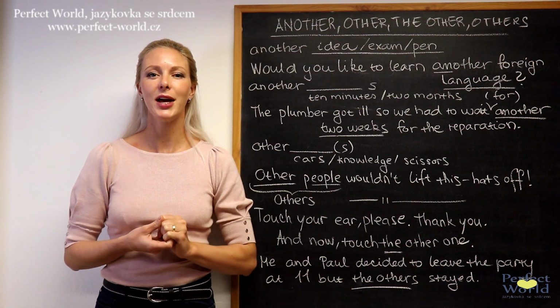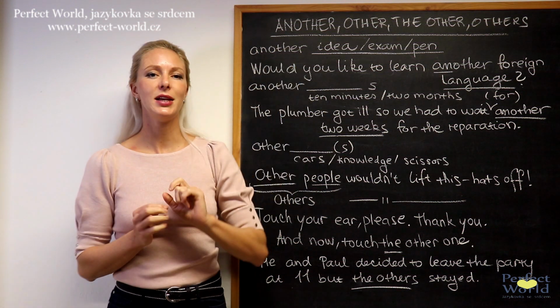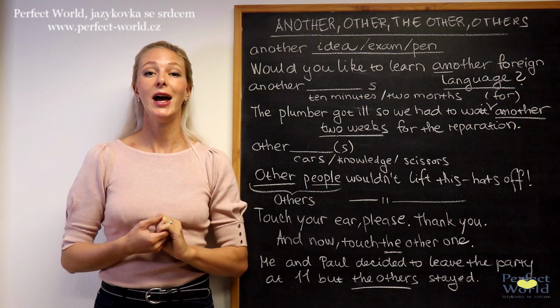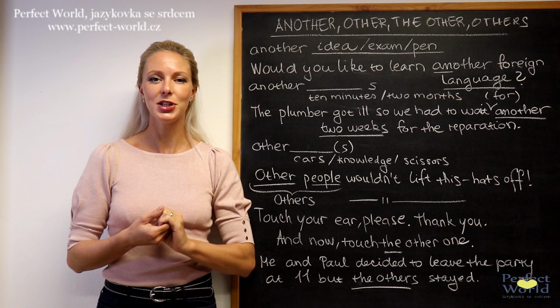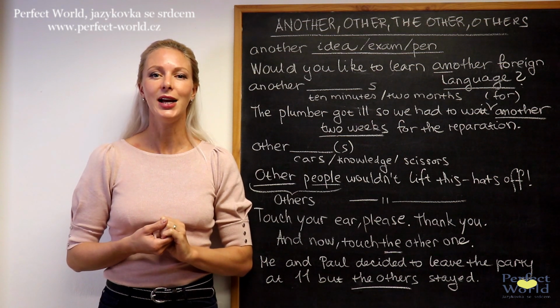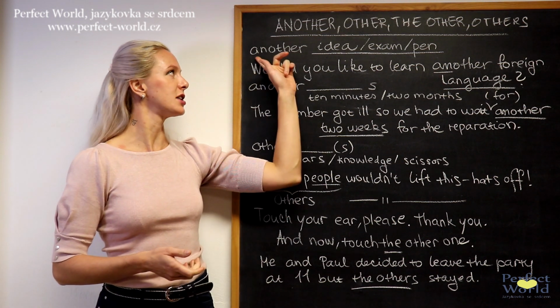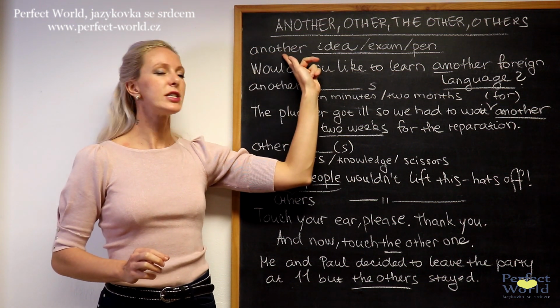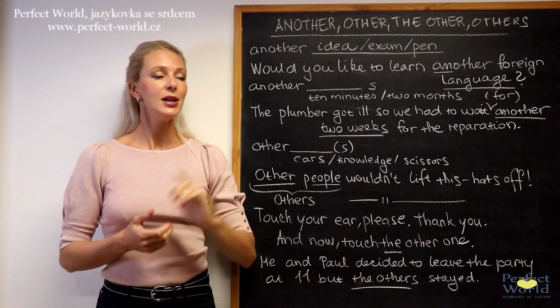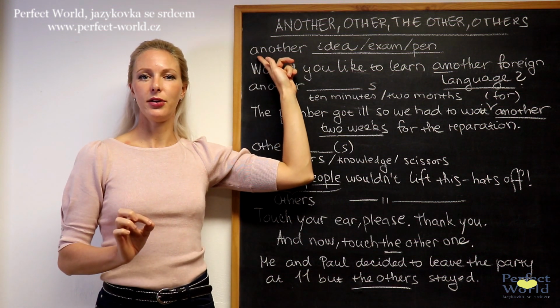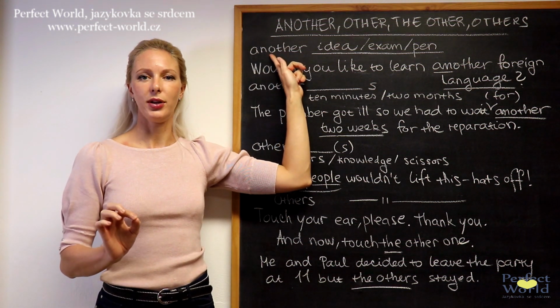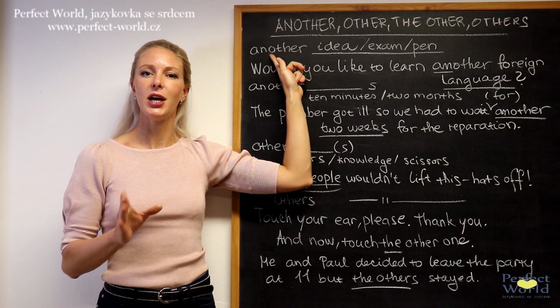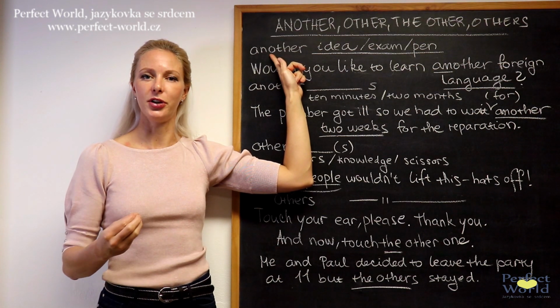Alright, let's start with another. Another is a great one as it is actually a connection of two words: the indefinite article an, and the word other. We have to use this an here as there is a vowel, so it is not a other, but another.